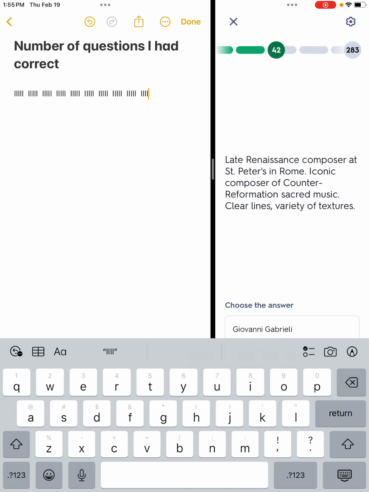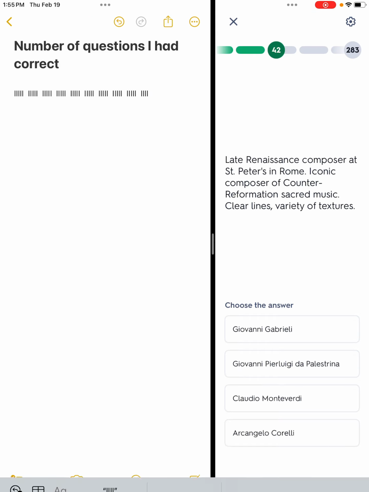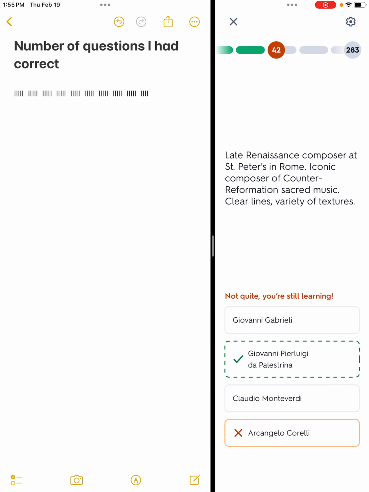Late Renaissance composer, St. Peter's in Rome. Iconic composer of Counter-Reformation sacred music, clear lines, variety of textures. Who are you? Late Renaissance composer, Corelli?